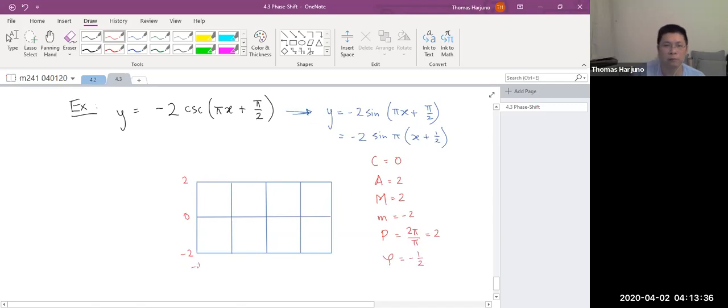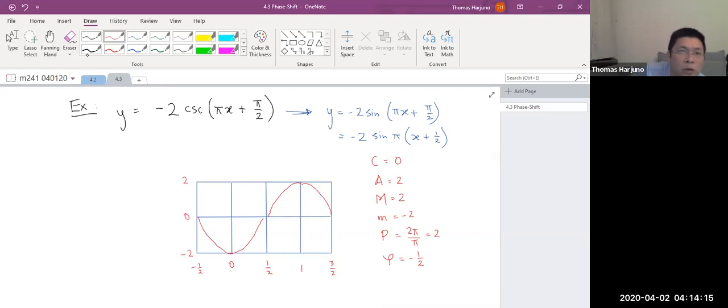So I start from negative 1/2 here, plus 2, that will give me 3/2. So this is 0, this is 1/2, this is 1. And the graph for sine will look like this. I'm sorry, it's negative sine. So it looks like this. Correct?